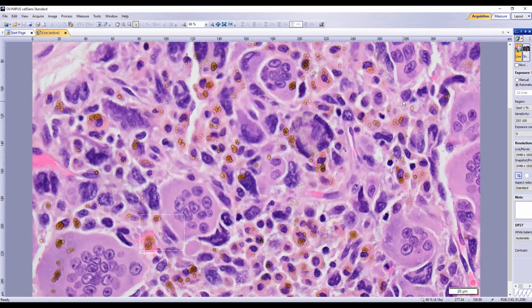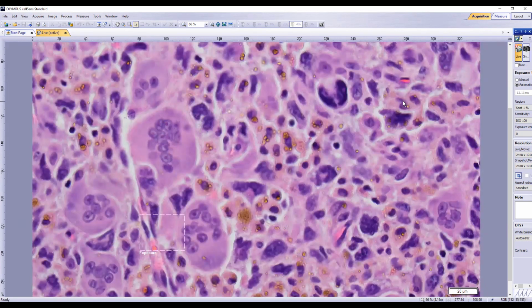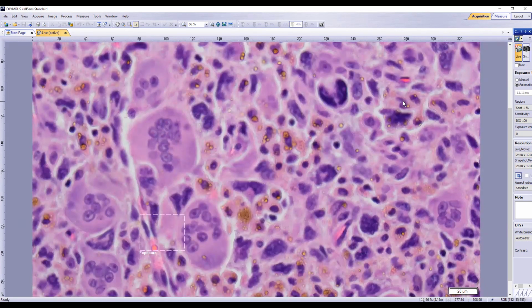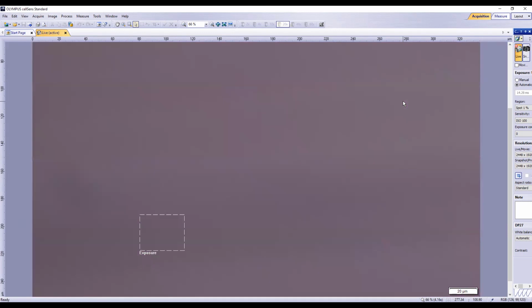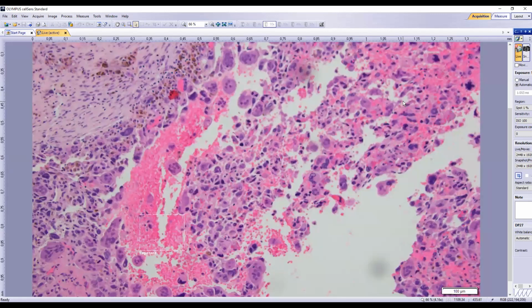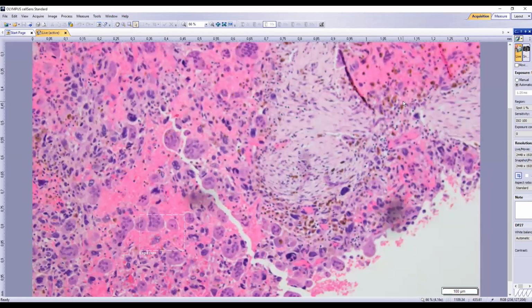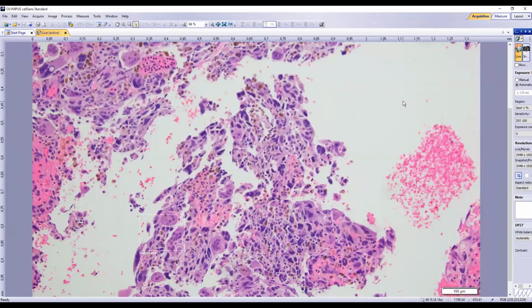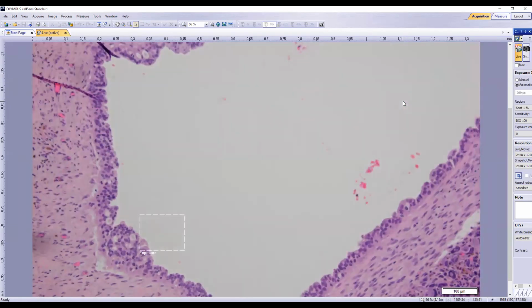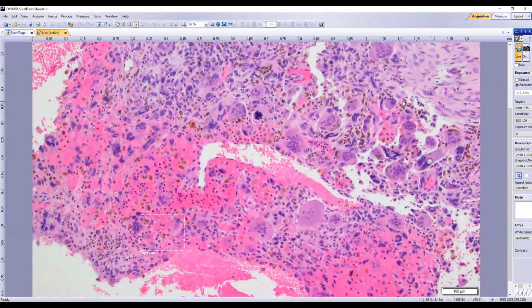Despite extensive sampling, I couldn't find a glandular component. There's no other tumor anywhere in the body. This is the only tumor that the patient has. Is it like osteoclastic giant cells? Yeah.